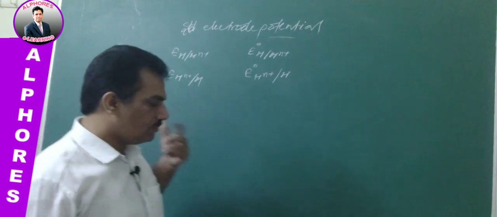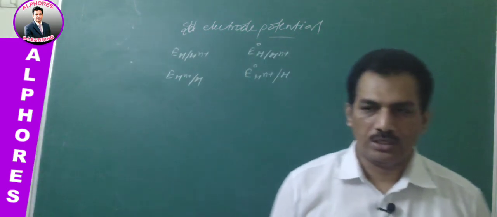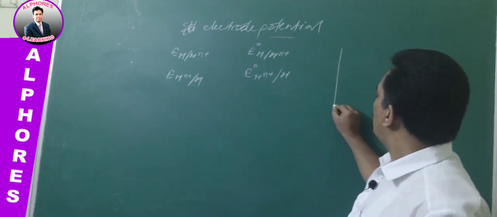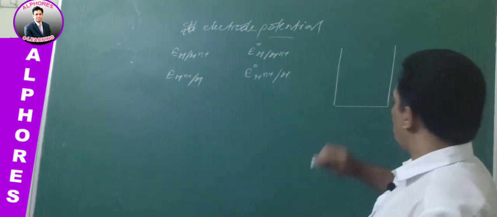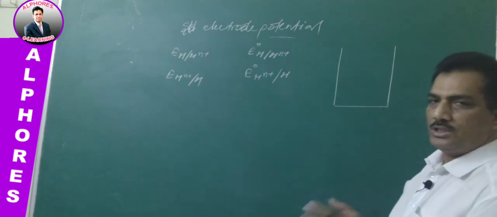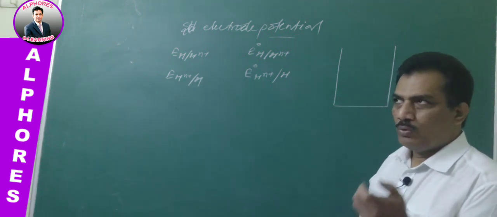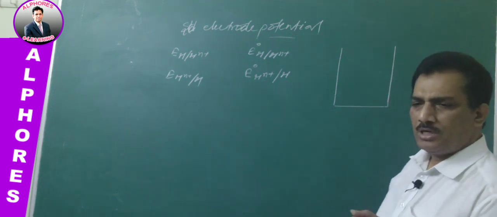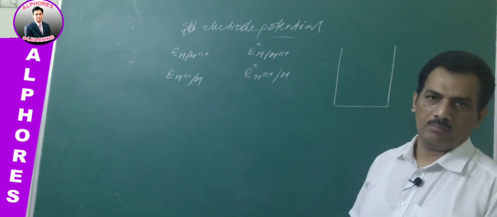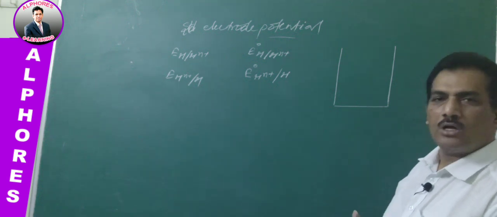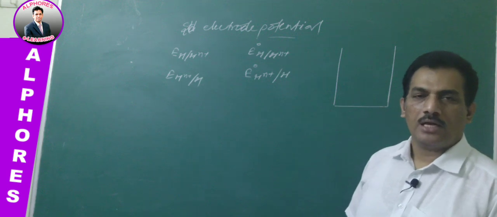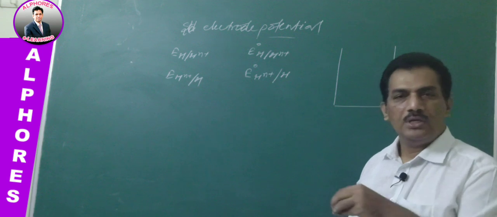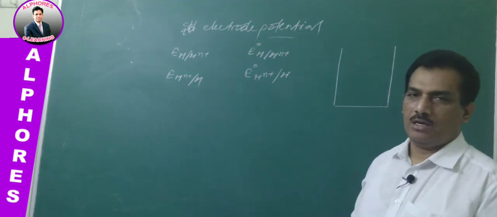Now the question is, what is standard electrode potential? First, what is electrode potential? We know it is a single electrode, either metallic or non-metallic. If you recall the previous sessions, a non-metal is not useful to prepare the rod, but with the help of an inert metal rod like gold or platinum, by maintaining a glass hood, we pump the gas into the solution where the common ion is present.